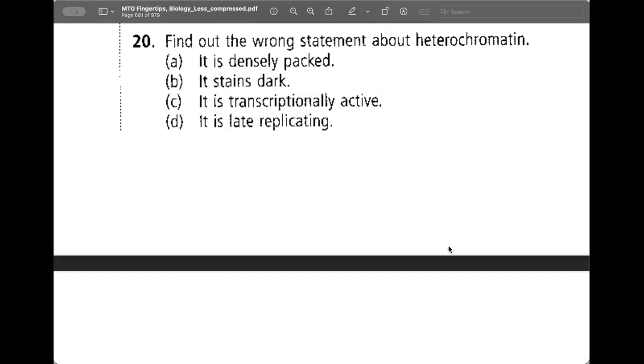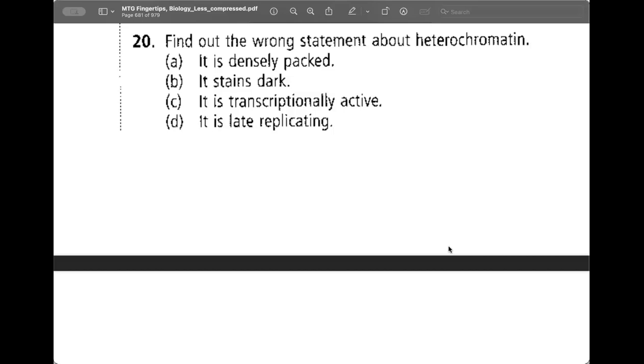Make sense? Just by logic, you can understand that if a DNA is being replicated, first to replicate, it has to open up, uncoil itself. That's what the enzyme helicase was doing, right? Topoisomerase. It will unwind the helical form of DNA, open it so that the replication fork can be made.